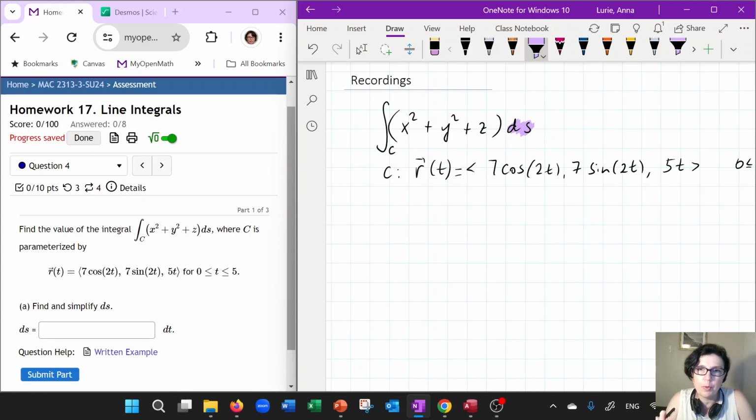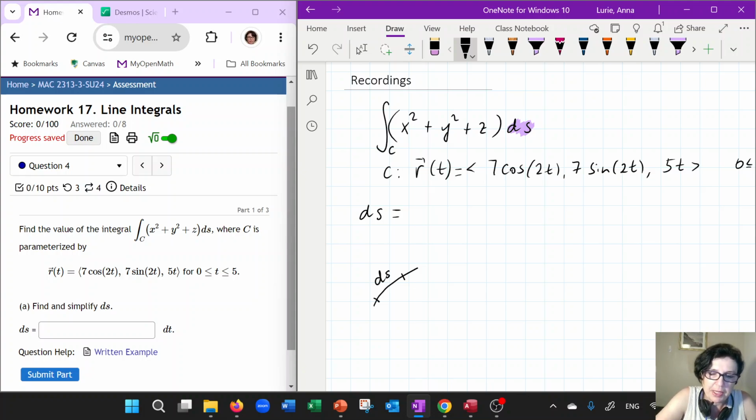One of the most common mistakes that I see is people think that ds is automatically just dt, and that is not true. There is a formula for ds that is like a small change in arc length or length of a curve. If you draw a little piece of a curve, this piece is going to be your ds, a change in length of s.